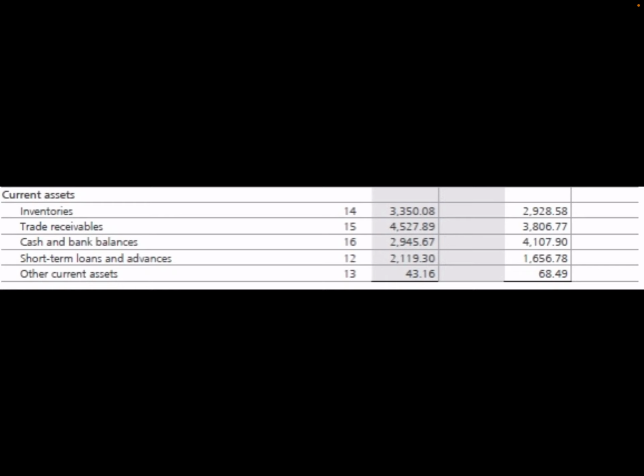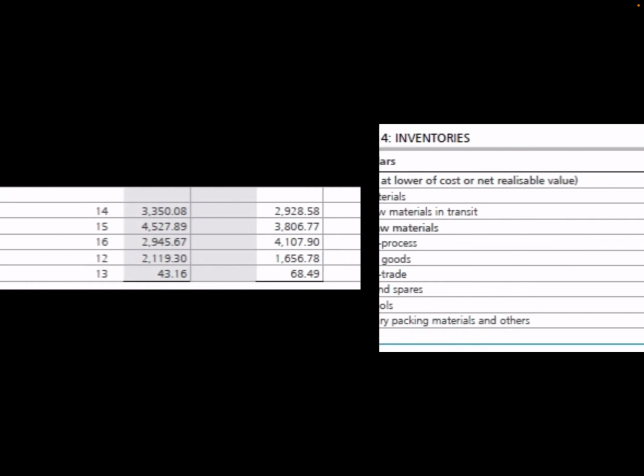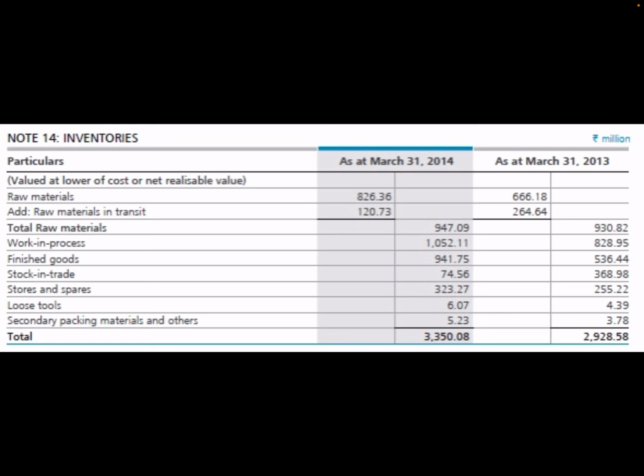When a product is manufactured in a company, it goes through various stages from raw material to work in progress to finished goods. A snapshot of note 14 associated with the inventory of the company is shown here. As you can see, a bulk of inventory value comes from raw material and work in progress.